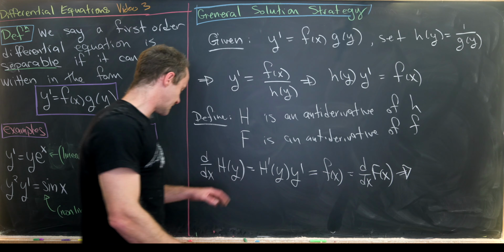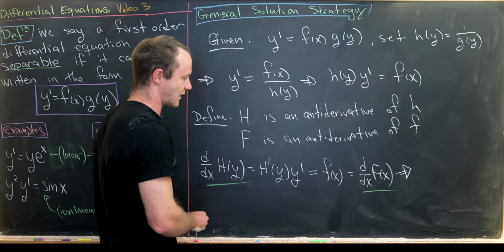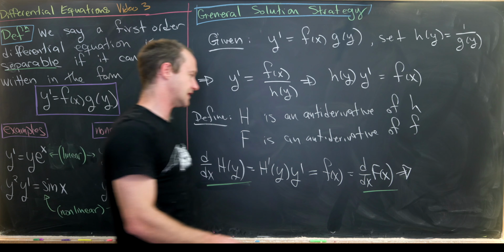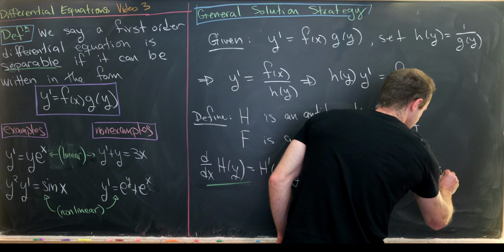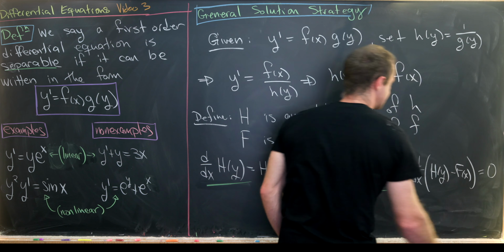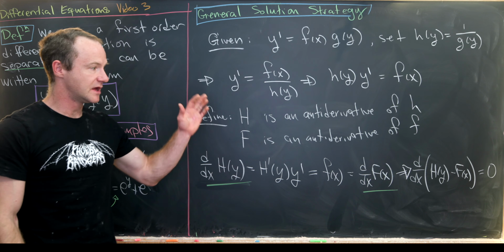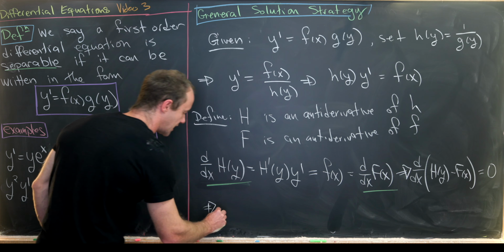So let's notice that we can move some things around. We can take this extreme left-hand side and this extreme right-hand side and form the following equation. We have the derivative with respect to x of H of y minus F of x equals 0. But the derivative of something equals 0 means that something is a constant.